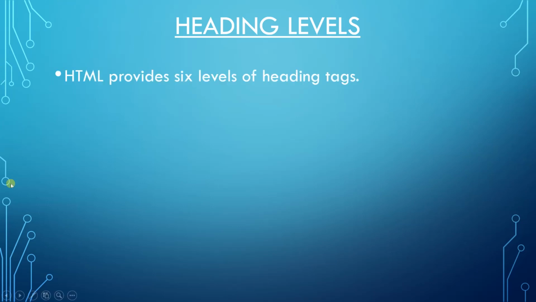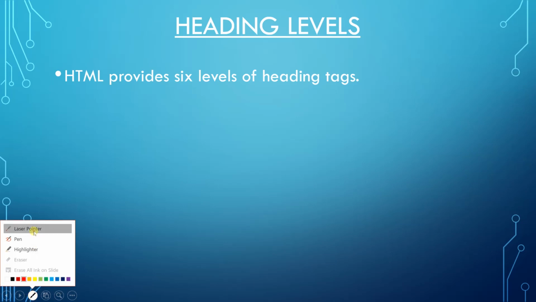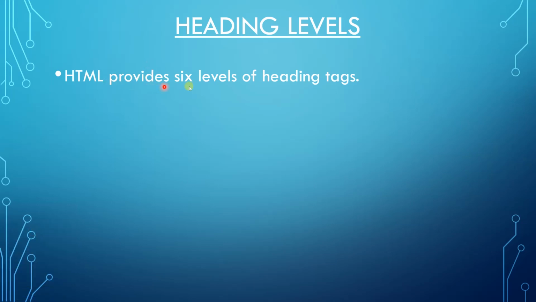HTML provides 6 levels of heading. So how many levels of heading is HTML providing? 6 levels. Always remember, in HTML we are going to study 6 levels of heading tags. The range starts from H1 to H6. See, I have written this H in capital. You can even write it small, because I have already explained that it is not case sensitive.